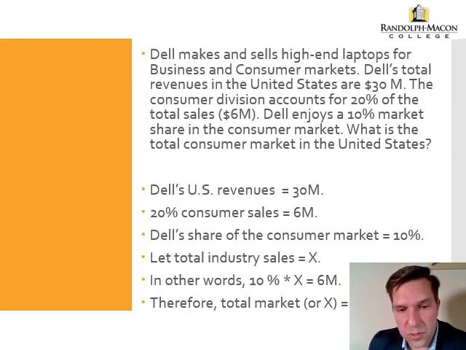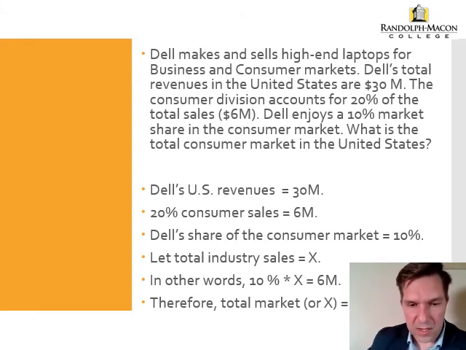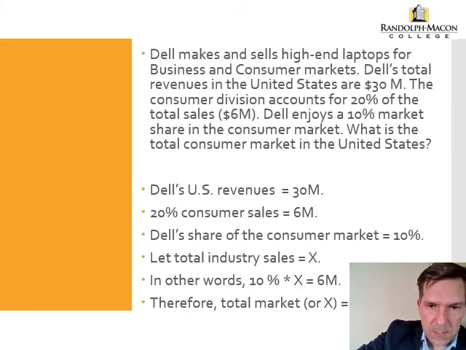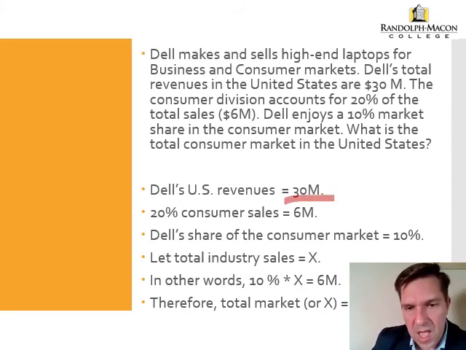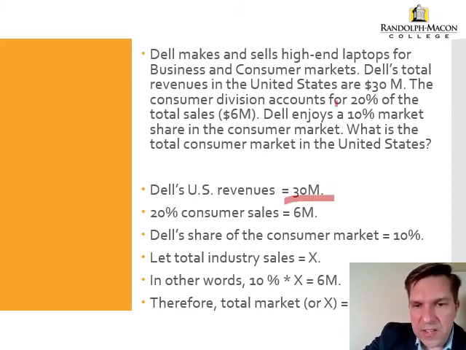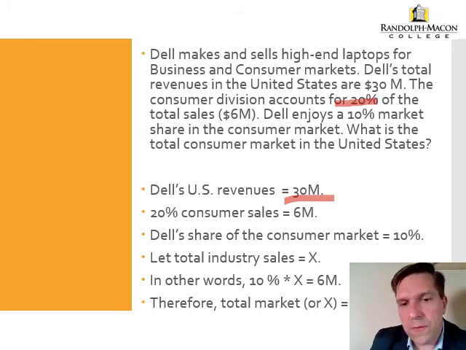What we will do is find out what our sales are that are coming from the consumer market. That's simple. We'll take our total sales, which is 30 million, and multiply it by the share accounted for by the consumers, which is 20%.